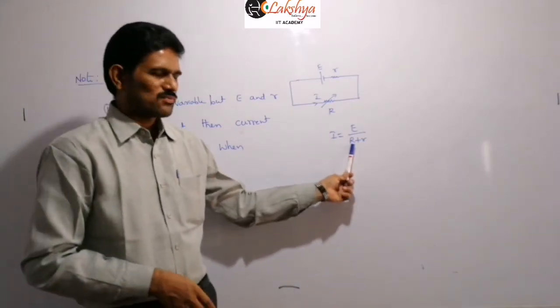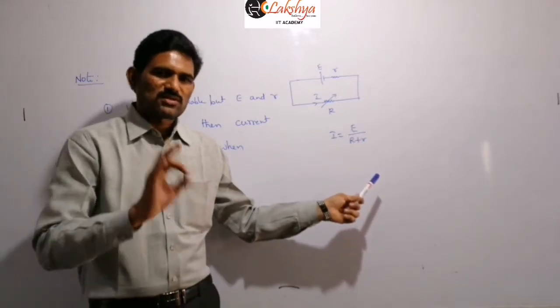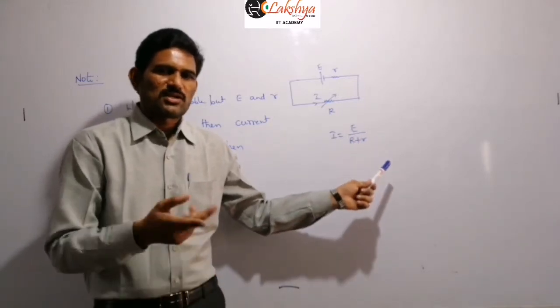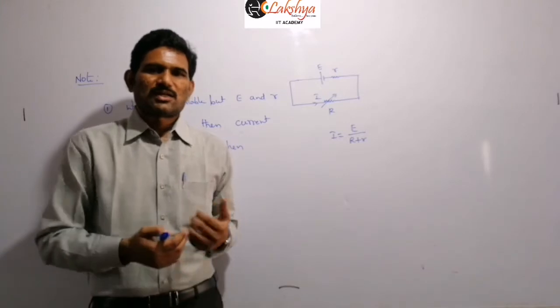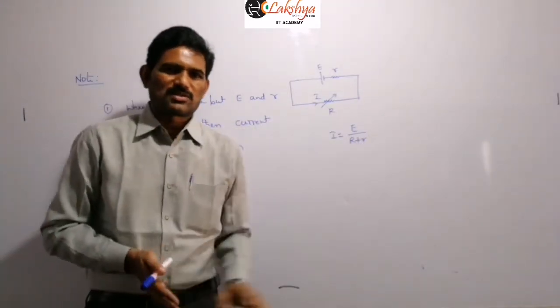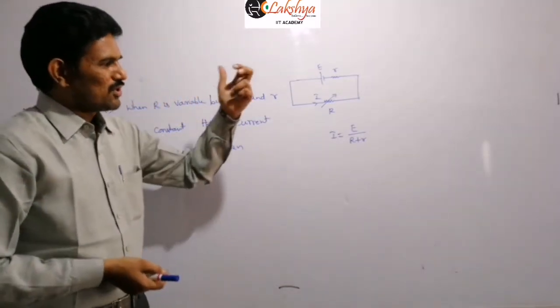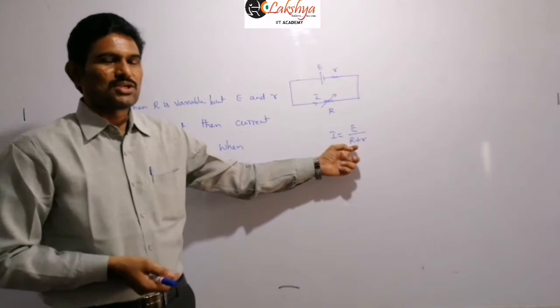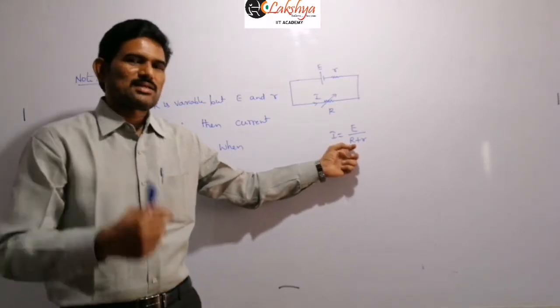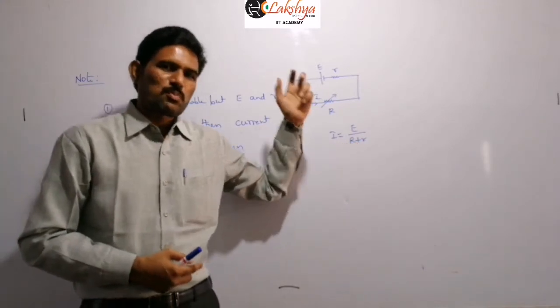When capital R is variable and small r and E are fixed, those are some fixed values, like say 10 volts and internal resistance 2. Then when the current becomes maximum? Capital R is variable, you can put any desired value in that circuit. We just need the maximum current. So when you make this resistance 0, then the current in that circuit will be maximum, right? So when capital R is 0, because that is possible here.